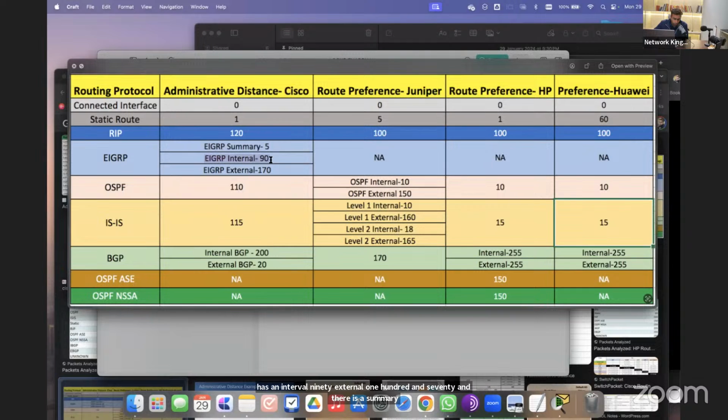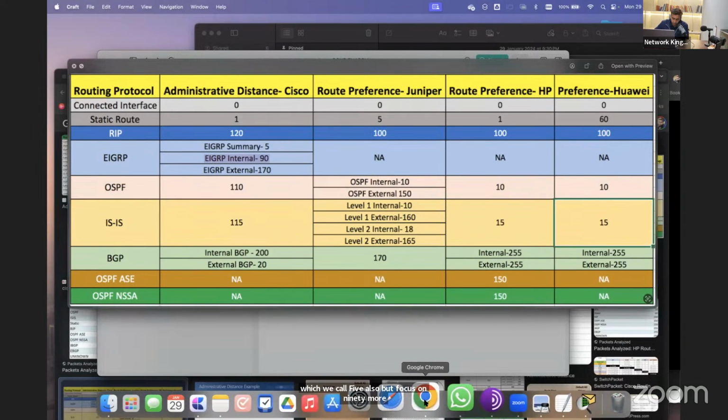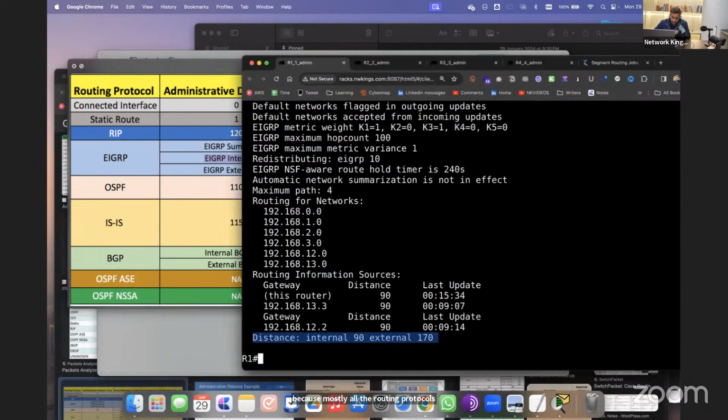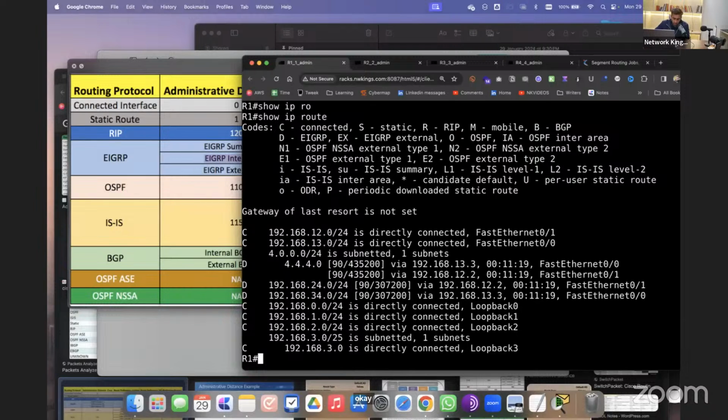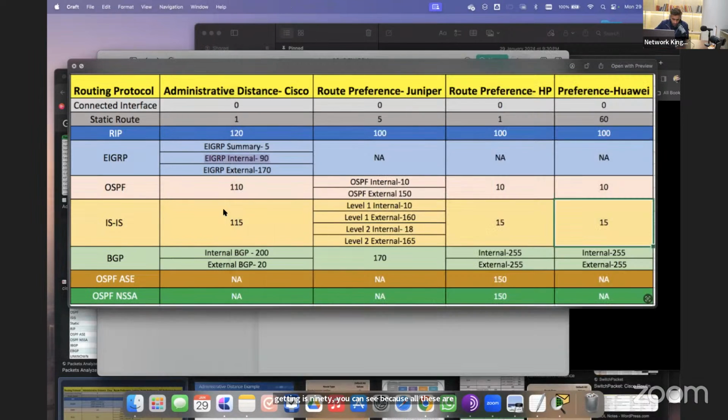But focus on 90 more, because mostly all the routes are internal. Whenever you see all the updates you are getting as 90, these are your internal EIGRP routes. When you learn redistribution, then I'll tell you what is 170.